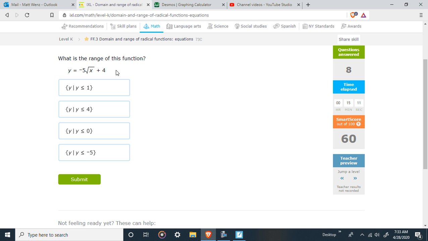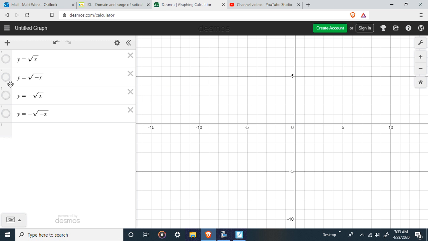Here, let's do this one. Again, what's the range of this function? Now let's take a look. The range is the y values. That is this right here. So we know that this is our answer right here. But let's find out why it's less than. I have a negative on the outside. So the negative on the outside is going to look like this.